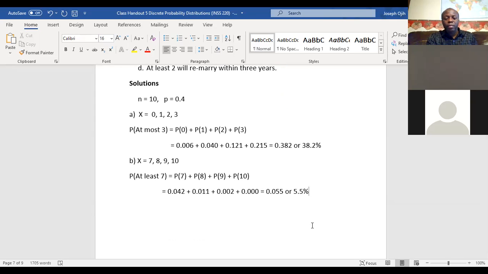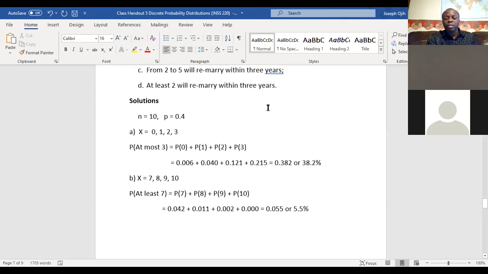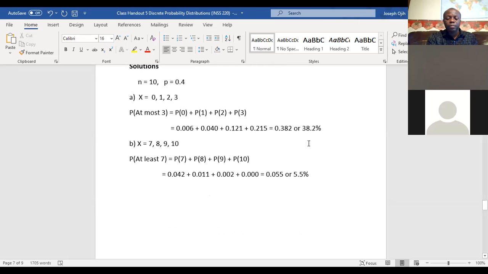Now let's do part C. It says from 2 to 5 will marry within 3 years. To find that probability, X equals 2, 3, 4, and 5.